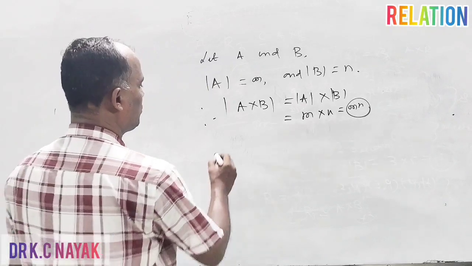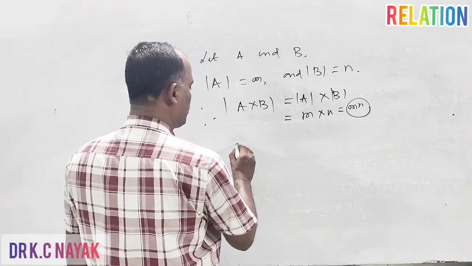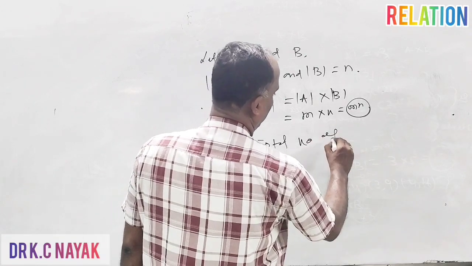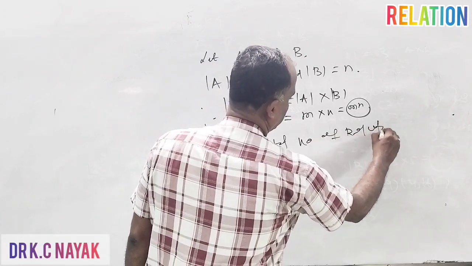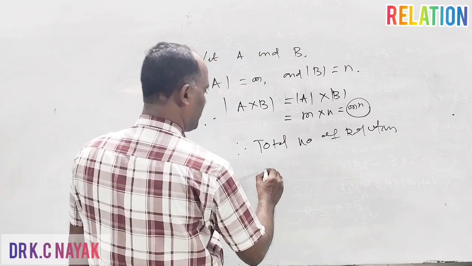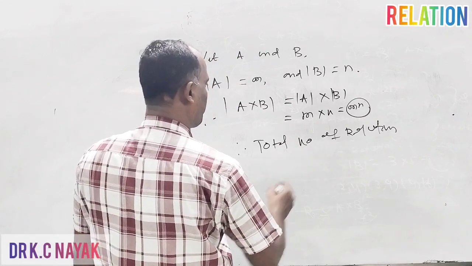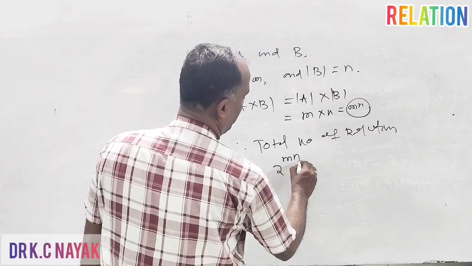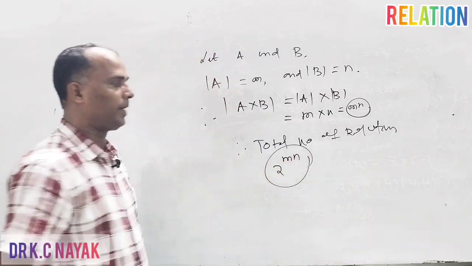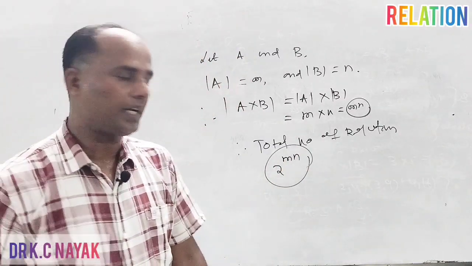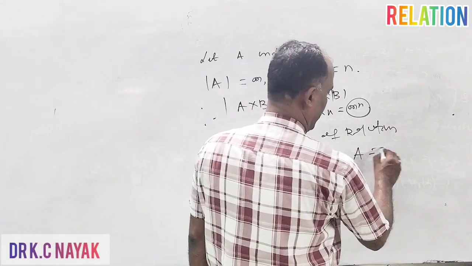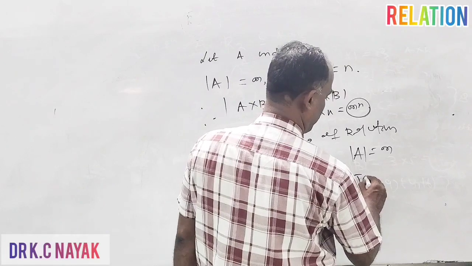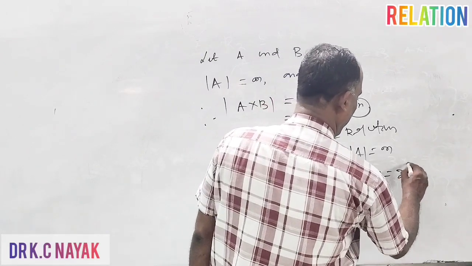That means the total number of relations is equal to 2 to the power mn, because we already know that if A has m number of elements, the total number of subsets is 2 to the power m.